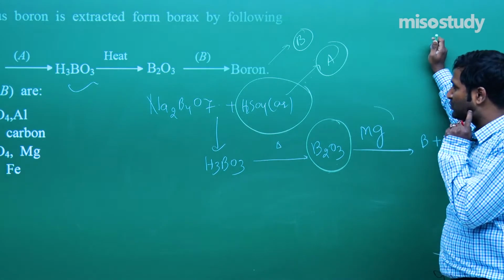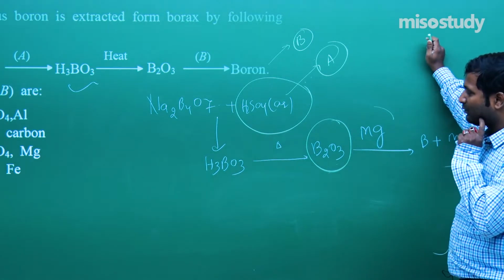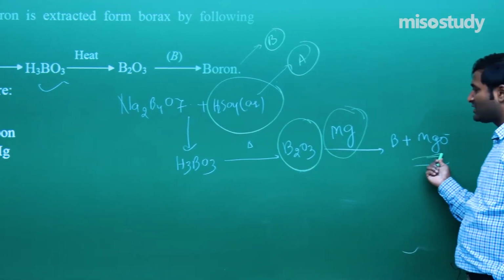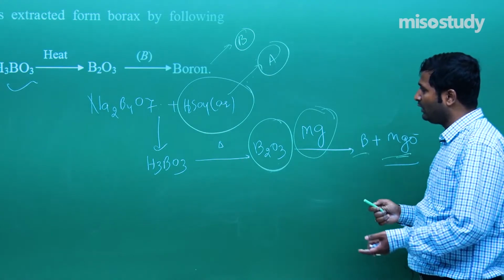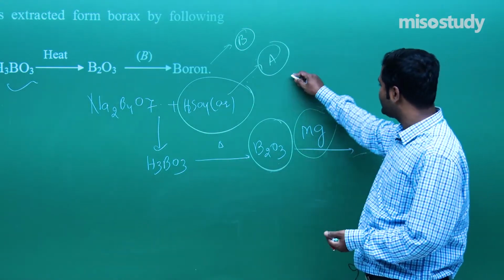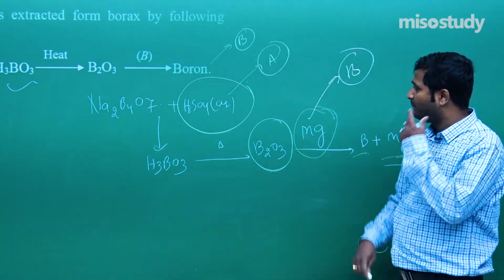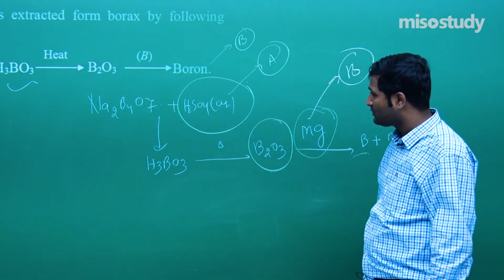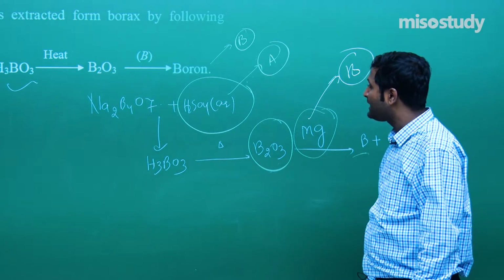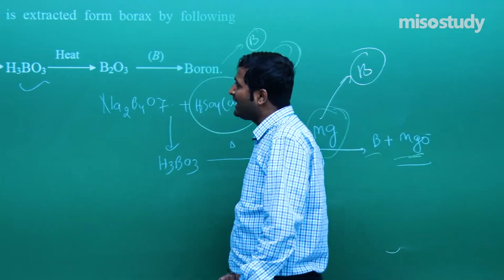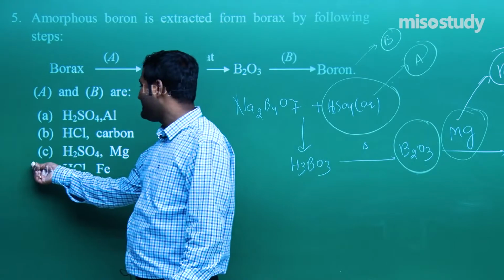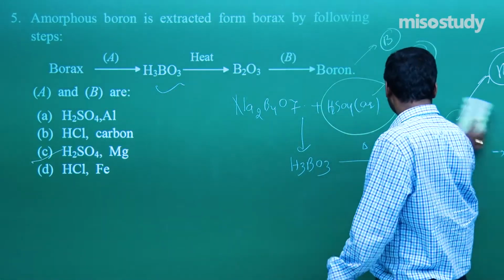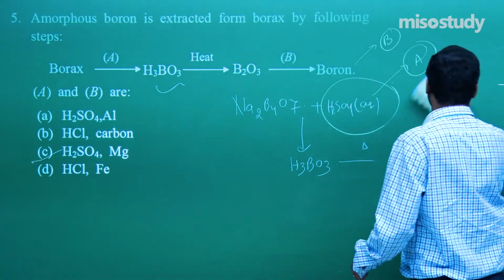If you use magnesium, magnesium will take oxygen from here, form magnesium oxide, and give boron. Clear? So this one is A and this one is B. In this case the option is A is aqueous H2SO4 and B is Mg. So for question number 5, C is the correct option. Is it okay to you? Now let's move to the next question.